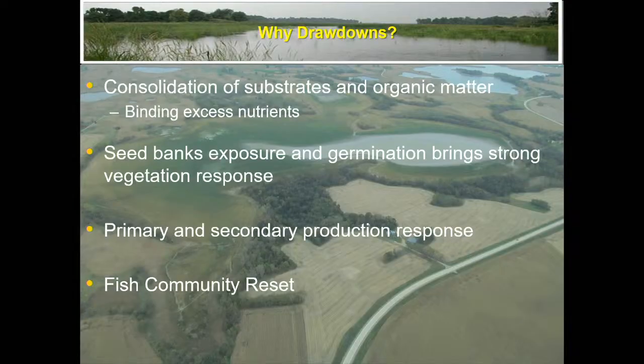And then we get some really good production responses, both primary and secondary. So we get the good phytoplankton, there's different types of algae. There's some good ones, and essentially the phytoplankton is what our other species will eat. So we get a lot of that. They eat that, it goes up the food web, and we get more walleyes, hopefully.